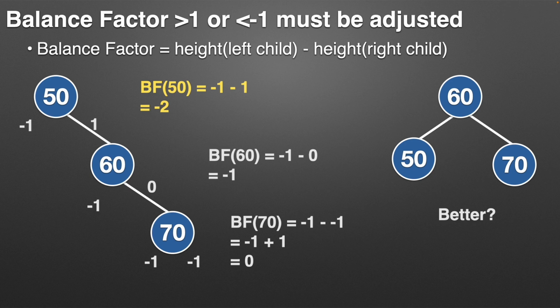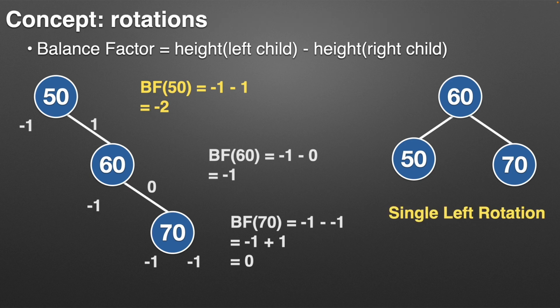And so we'll have a few different types of rotations that you can do to balance the tree. In this case, this is what we would call a single left rotation to get from that to that. And you can kind of imagine that rotating to the left with 60 coming up to the top.